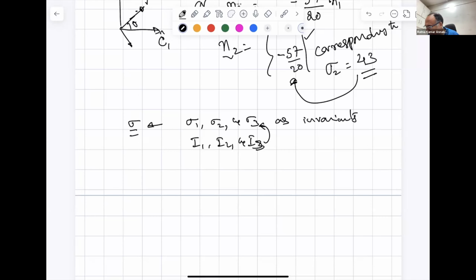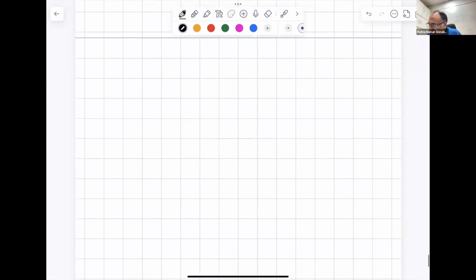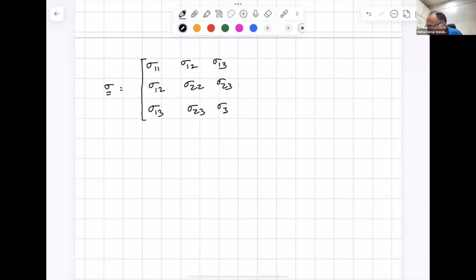So now let us look at this thing. You have a stress state in some random coordinate system. The stress state is given as sigma 11, sigma 12, sigma 13, sigma 12, sigma 22, sigma 23, sigma 13, sigma 23, sigma 33.